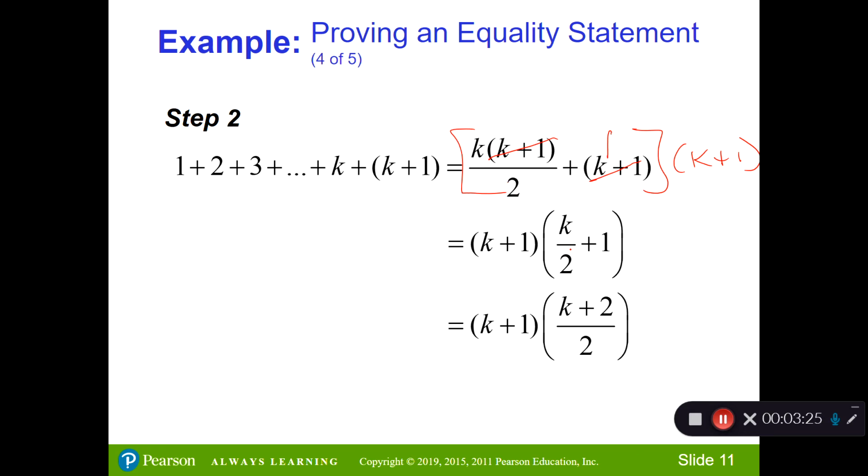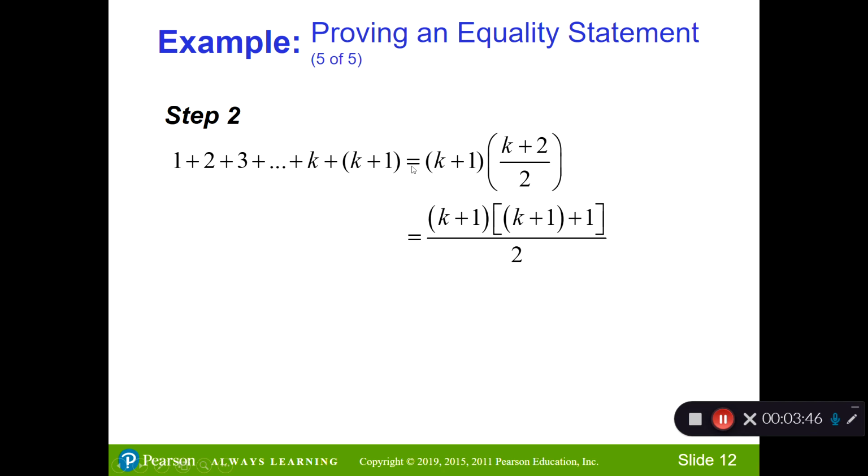So I'd have k over 2 plus 1 times k plus 1. Now get the common denominator, k plus 2, because this can be rewritten as 2 over 2 instead of the 1. So I'd have k plus 2 in the numerator over 2 in the denominator. So I have all of this equals k plus 1 times k plus 2 over 2.